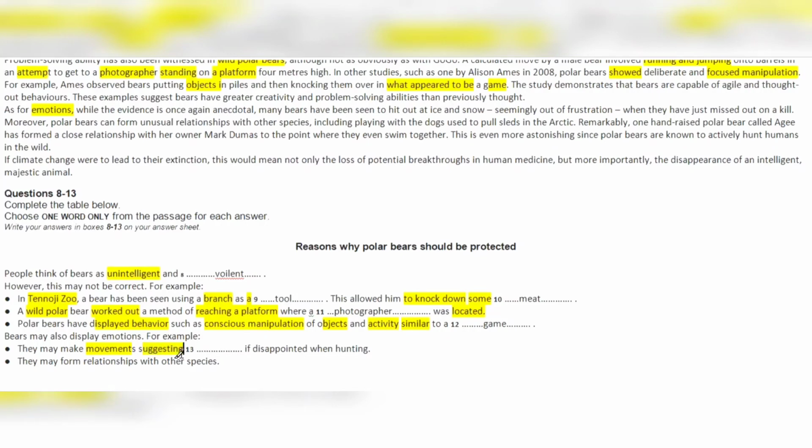They may make movements. We underline the word movements, suggesting, if disappointed when hunting. When they have not found any animal to hunt, then they are disappointed, and movements suggesting.